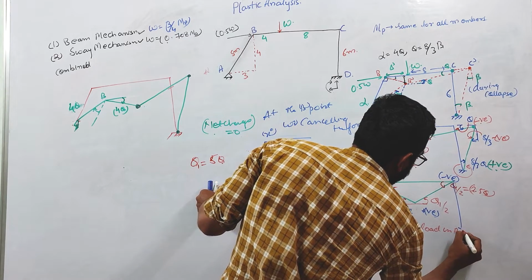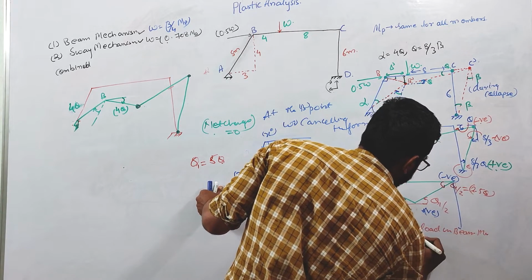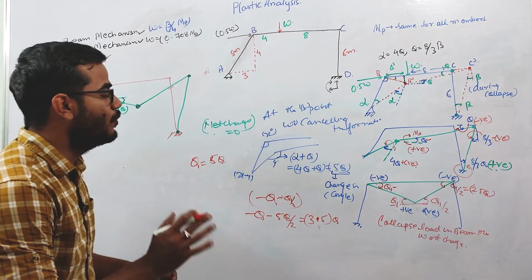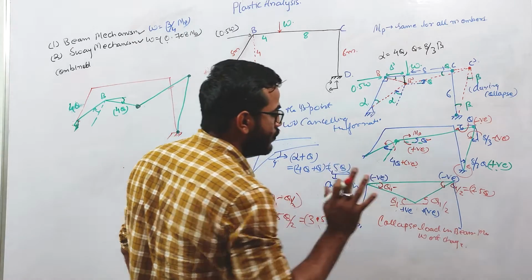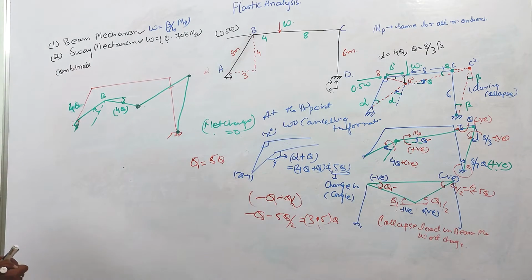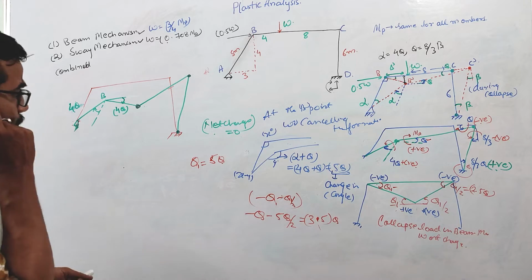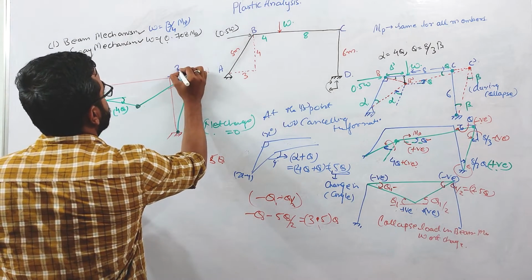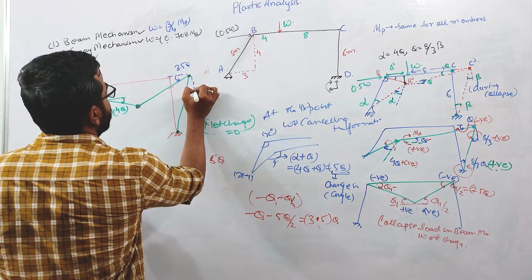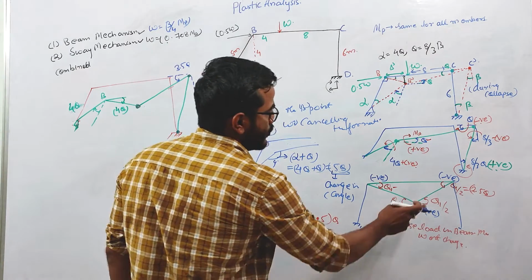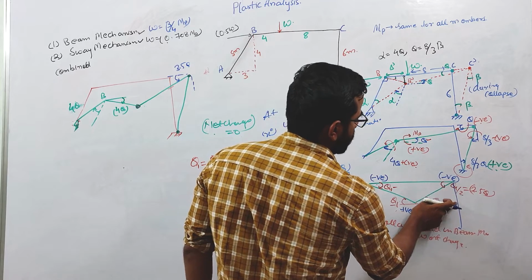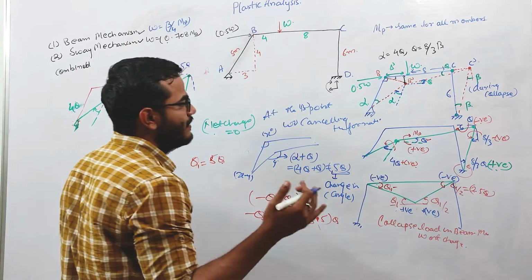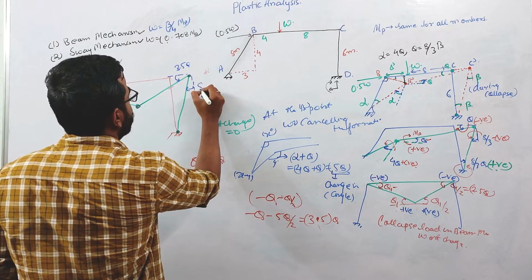So at this point, the rotation will be 3.5 theta. Similarly, in this column, there is no rotation of this particular member. Here, there is a rotation of minus 8 by 3. So again, this will be 8 by 3 theta.